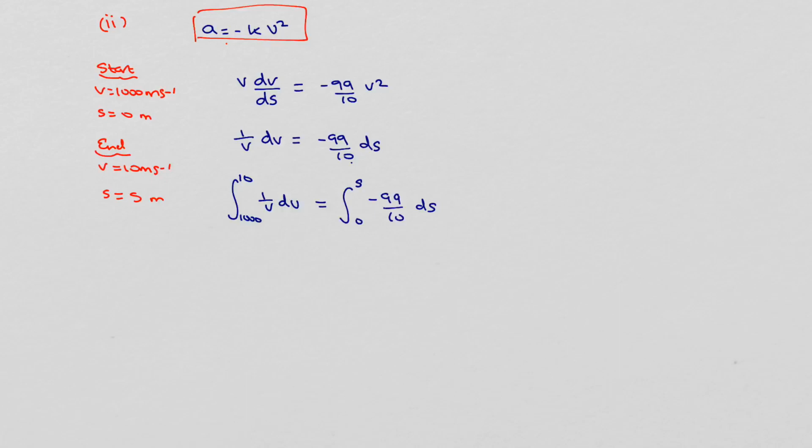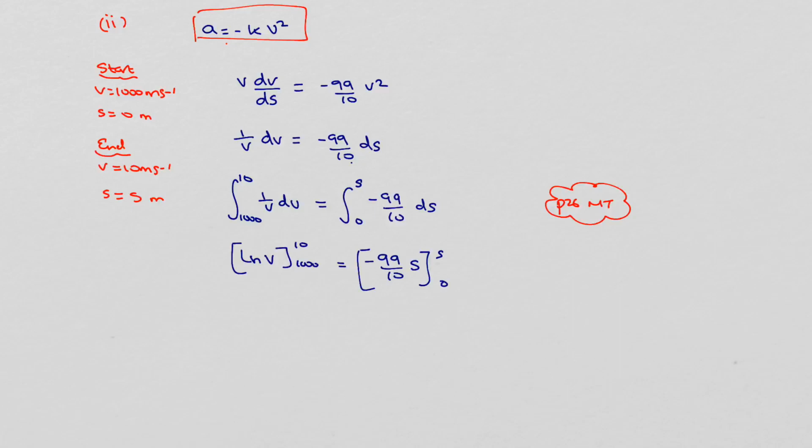If I integrate 1 over v with respect to v, we can spot that on page 26 of our maths tables. When I integrate 1 over a linear function, we end up with natural log. So I have natural log of v within the limits of 10 and 1,000. And if I integrate a constant with respect to s, I just get the constant times s.